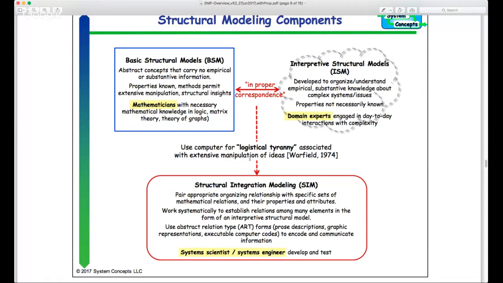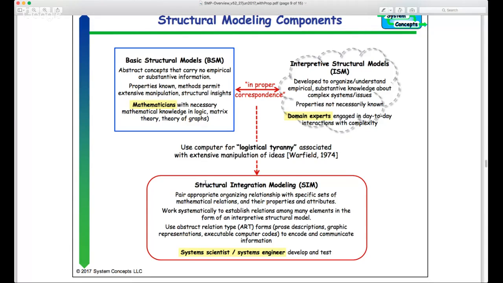And I think one of the things we can do to help answer the question of what's the difference between pure mathematics and general systems theory is start thinking about what this translation is. What are the transforms between basic structural modeling, or BSM, and system integration modeling, or SIM?